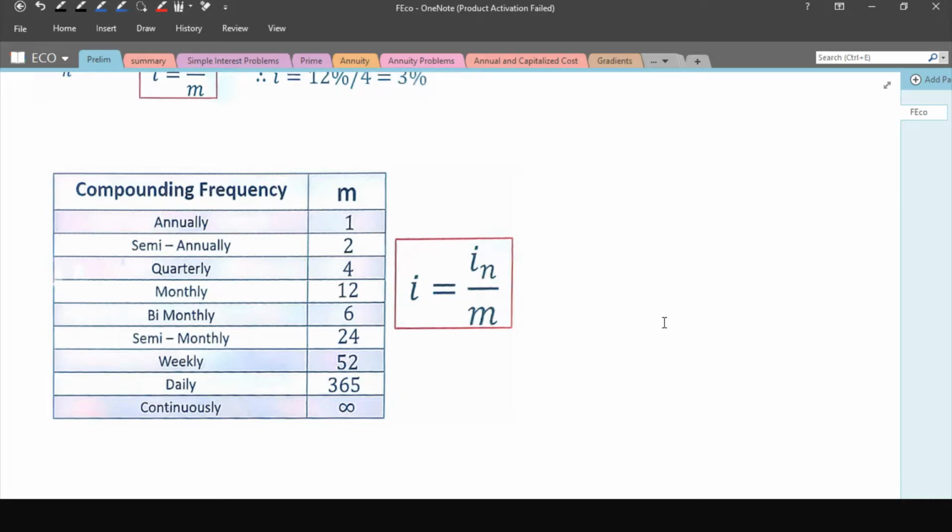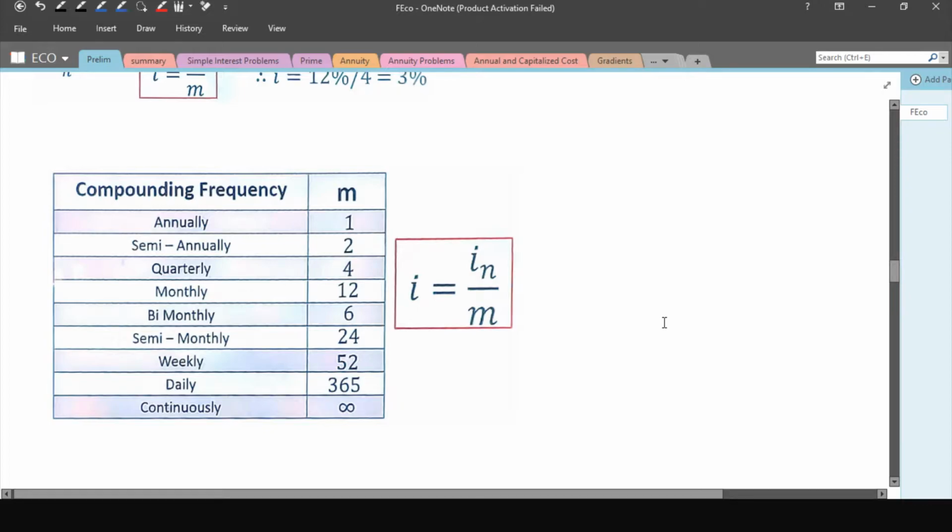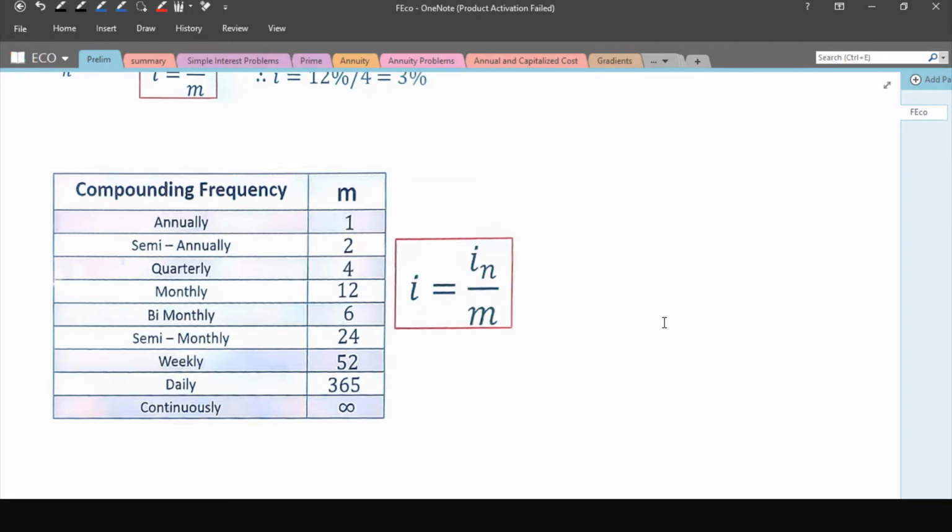Bi-monthly, that is twice every 2 months. Okay? Every 2 months. Semi-monthly, that is twice in a month. Daily, that is daily, di ba? Every day. So, weekly, that is 52 weeks in a year. And then, continuously, that is walang katapusan.